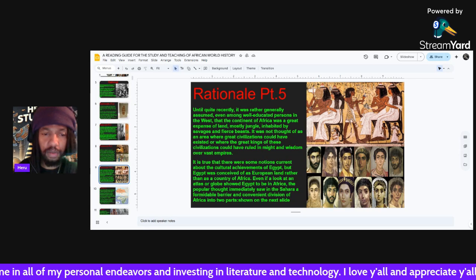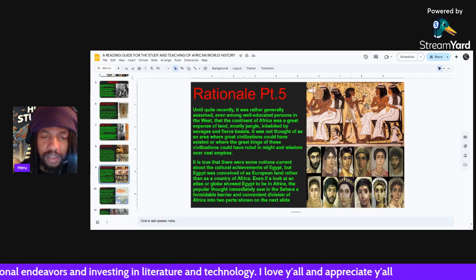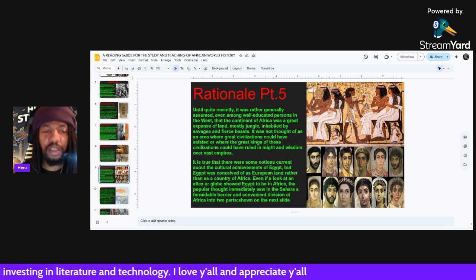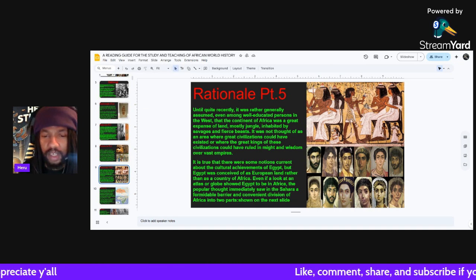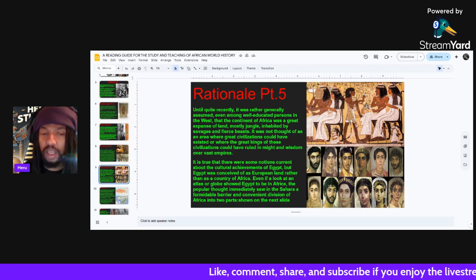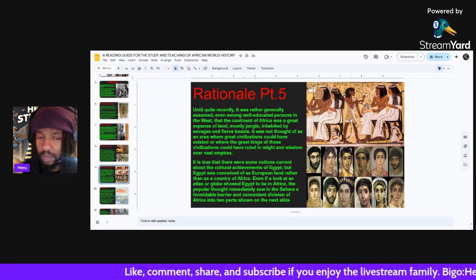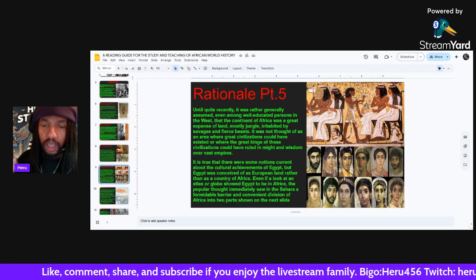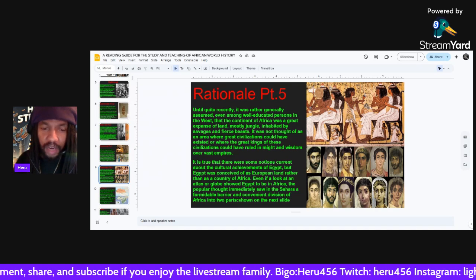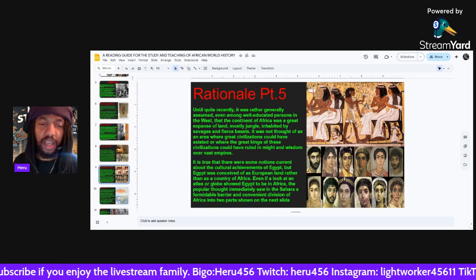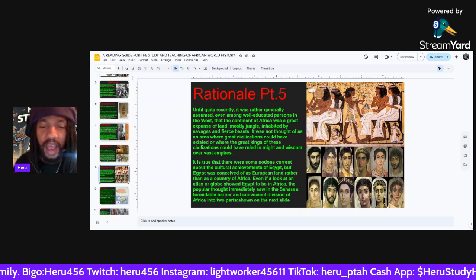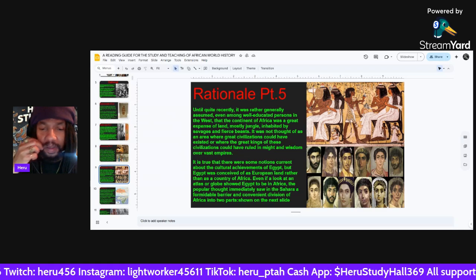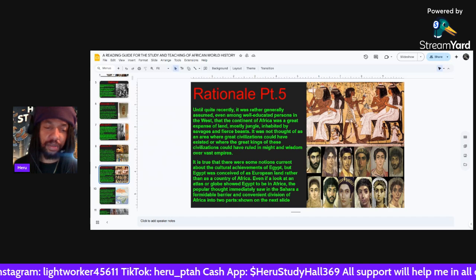Let's keep it pushing. Until quite recently, it was rather generally assumed, even among well educated persons in the West, that the continent of Africa was a great expanse of land, mostly jungle, inhabited by savages and fierce beasts. It was not thought of as an area where great civilizations could have existed, or where great kings could have ruled in might and wisdom over vast empires.